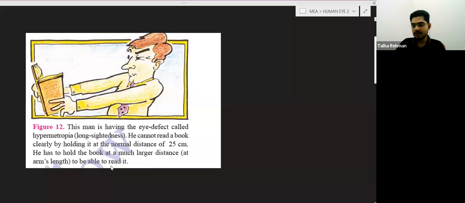Suppose this is a mobile phone at a distance of 20 or 25 centimeter. At this distance I will not be able to see the object if I have hypermetropia. Hypermetropia means that the person is not able to see nearby objects properly, but can see distant objects properly.